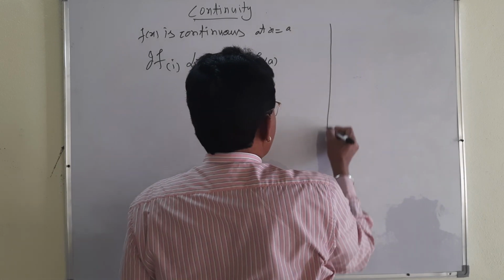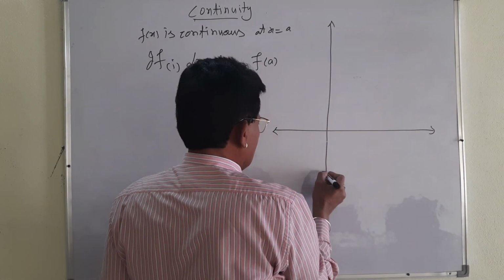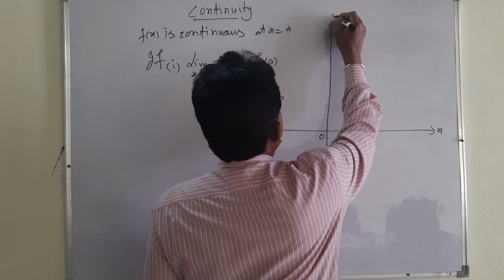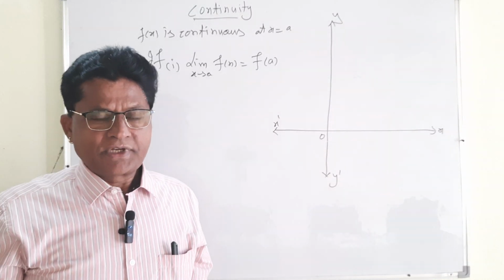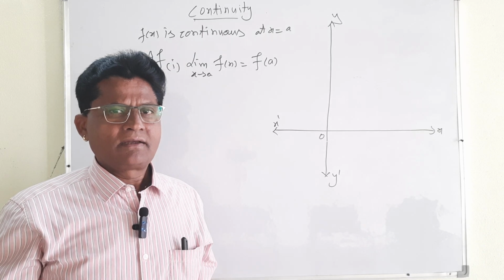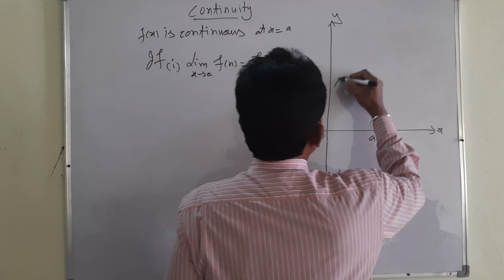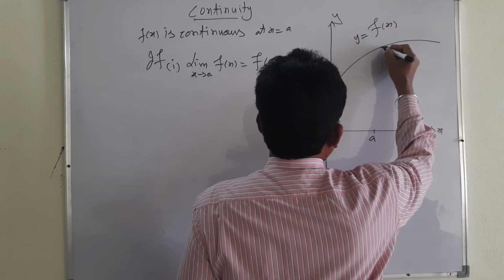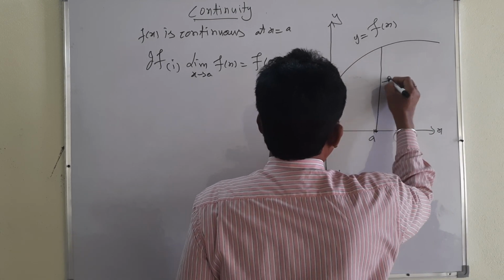By using the diagram also I discussed with you, I told you what is the concept of continuity, so that you will understand easily its concept. Let me take a point A and the function is this one, y is equal to f(x), and draw the perpendicular line at this point, and this will be f(a).